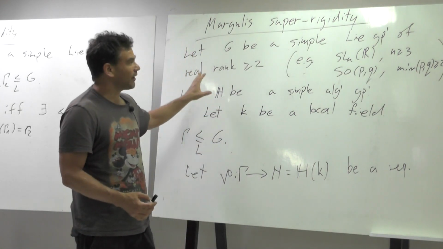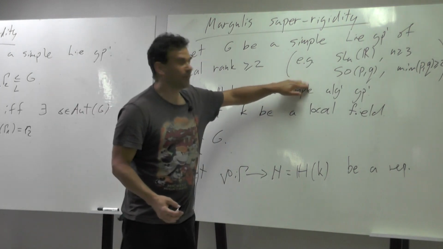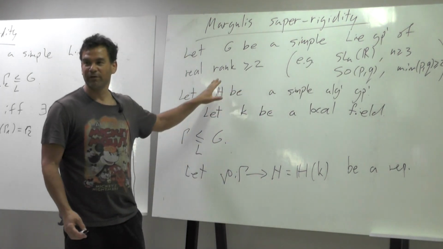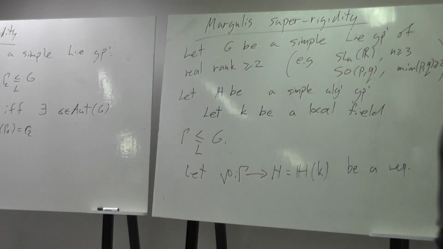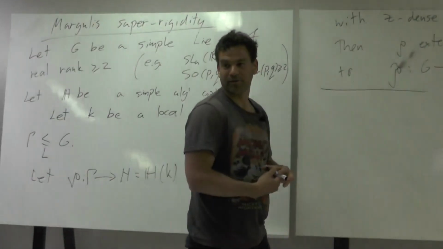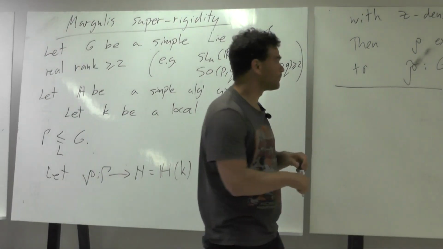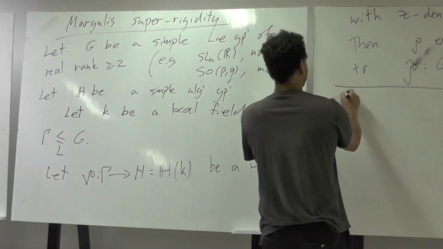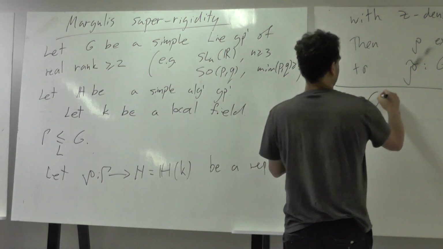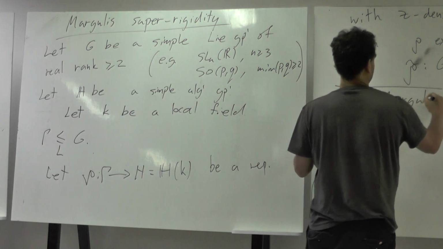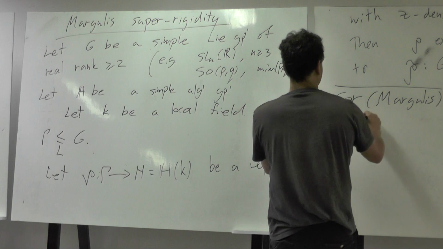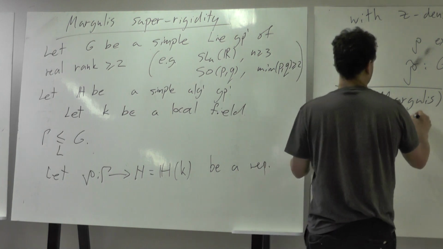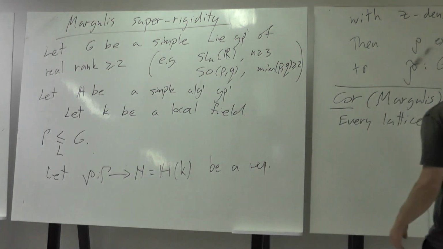But there is actually an even nicer application of this result, the arithmeticity theorem that I mentioned before. Corollary: every lattice in G is arithmetic.